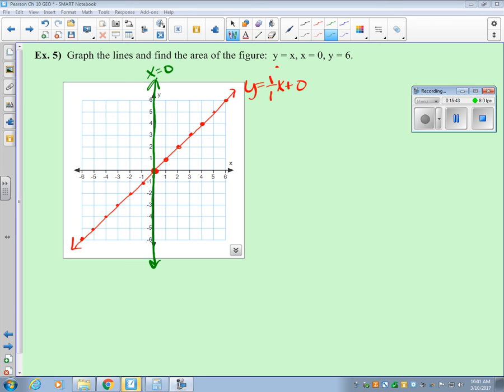Y equals 6. Anything y equals is a flat line, and it goes through y-intercept of 6. That's this line right here. And once again, I don't need a straight edge because I already have a straight line to guide my line.